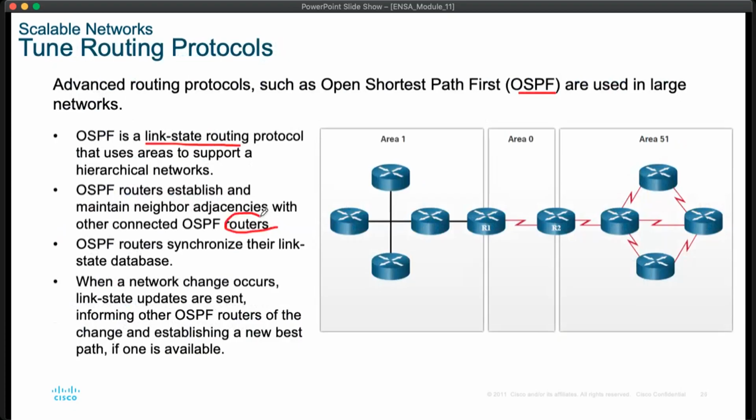OSPF routers synchronize their link state databases. When a network change occurs, link state updates are sent, informing other OSPF routers of the change and establishing a new best path if one is available.